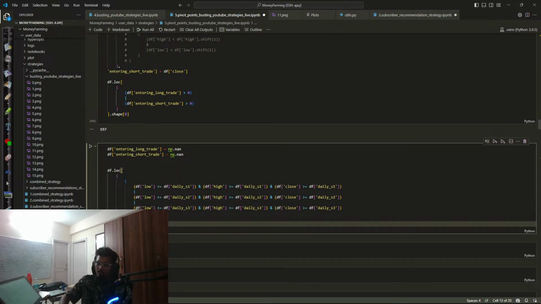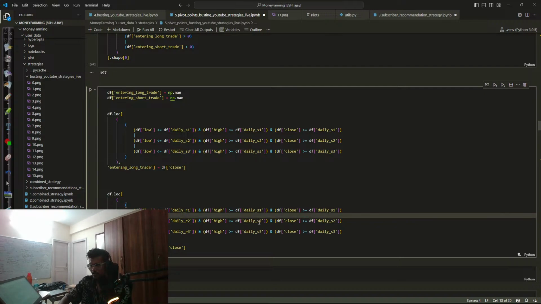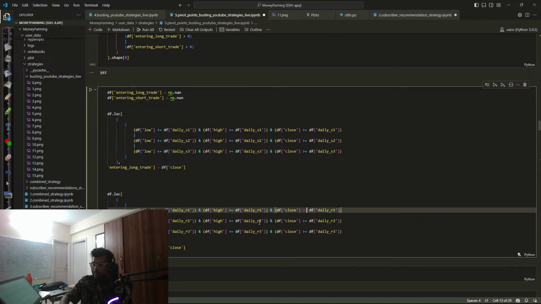So this is gonna give us the trade setup for long, and for the short what we have to do is just flip it for R1, R2, R3, and the close should be below that.